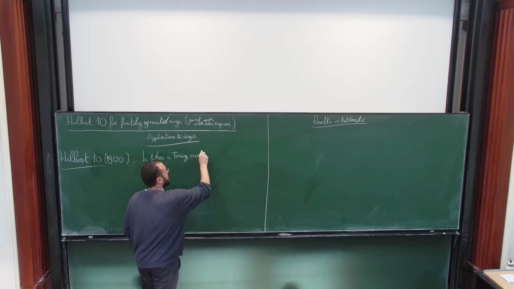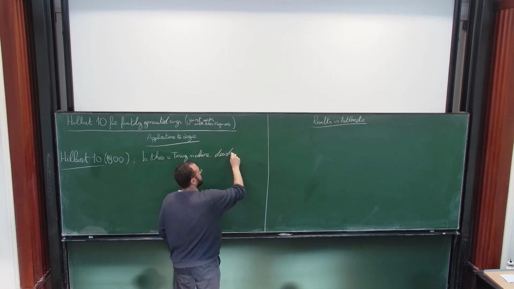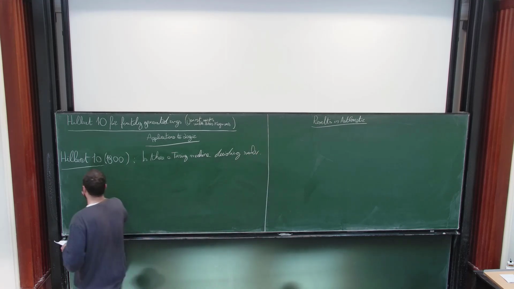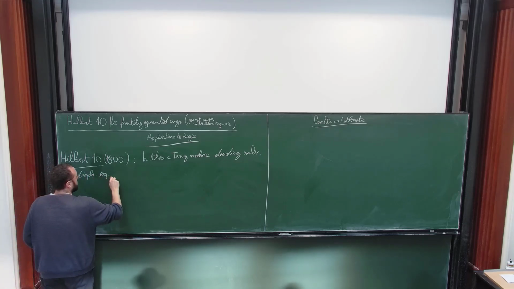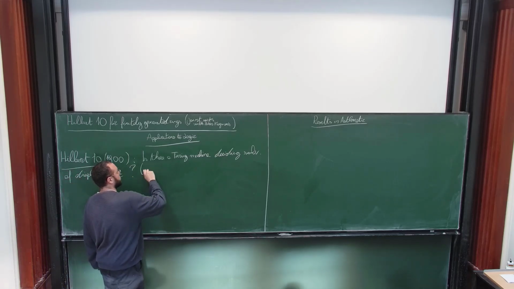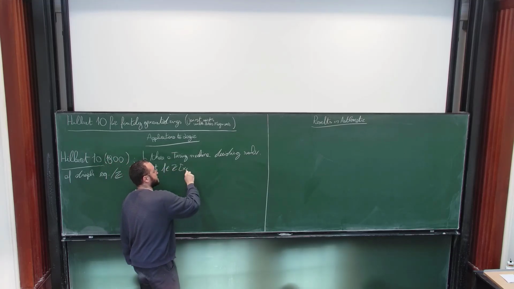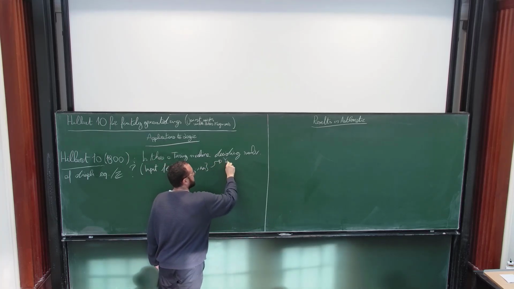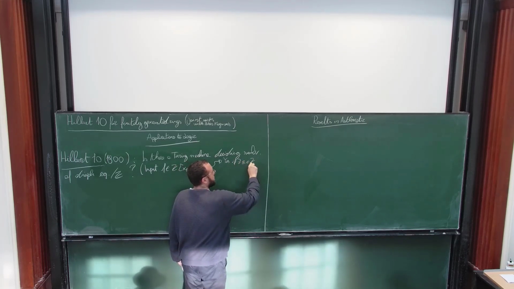Back then Hilbert asked it for Z: deciding solvability of Diophantine equations over Z. That means the input would be any polynomial f with coefficients in Z, in any number of variables, and it would output yes if you can find a zero and no otherwise.